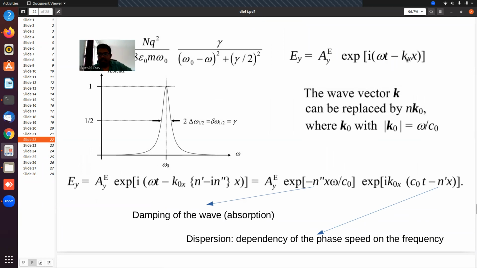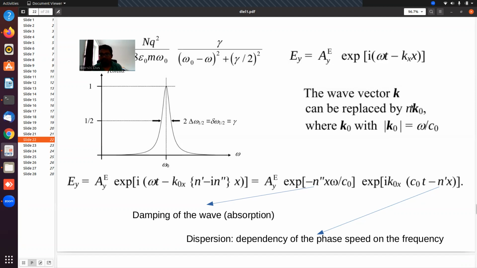K is the wave vector, the wave vector inside the medium, for propagation inside the medium when light is propagating inside the medium. And this k is related to k0 by n. K0 is the wave vector when light is propagating throughout the vacuum.